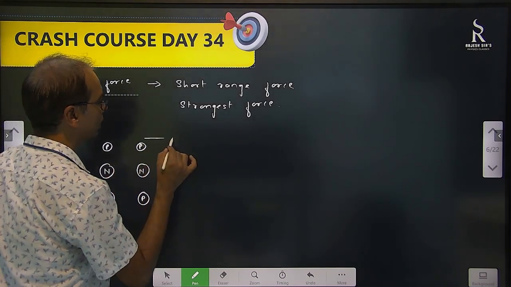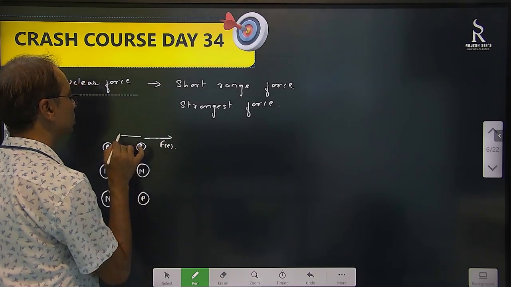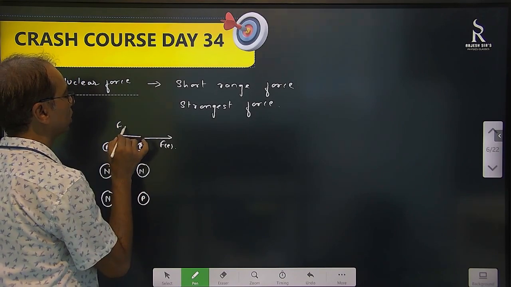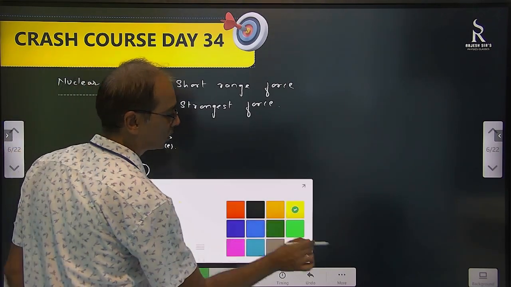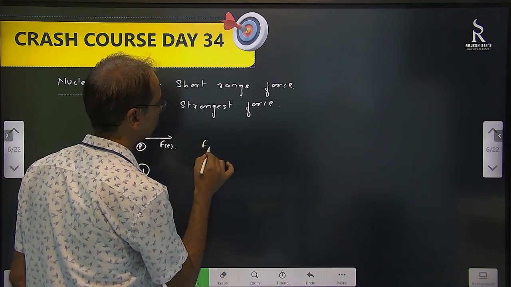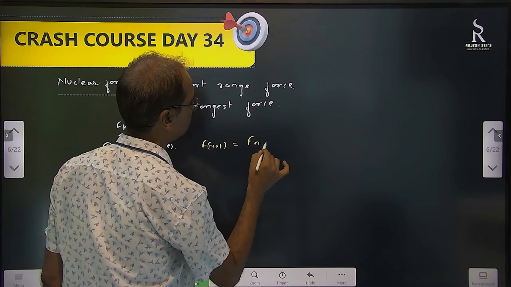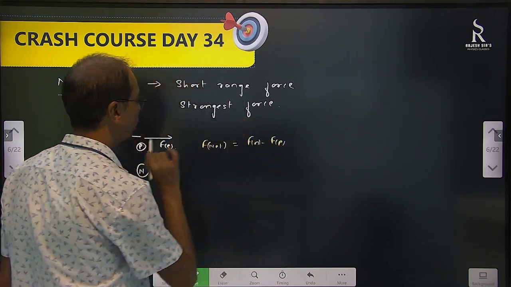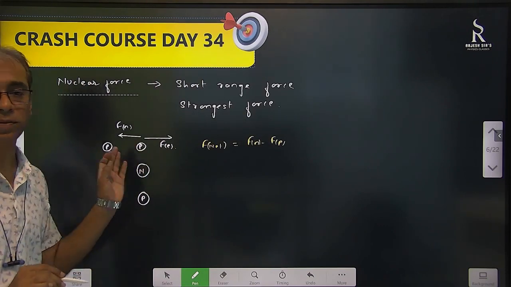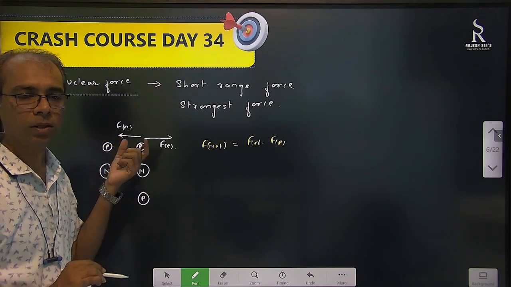We know that on this one electrostatic force is active, and nuclear force is active. So if I have to find the net force on this one, it is going to be Fn minus Fp. The nuclear force should be more than the electrostatic force, then only it can be here. Otherwise, it will run away. So Fn has to be more.